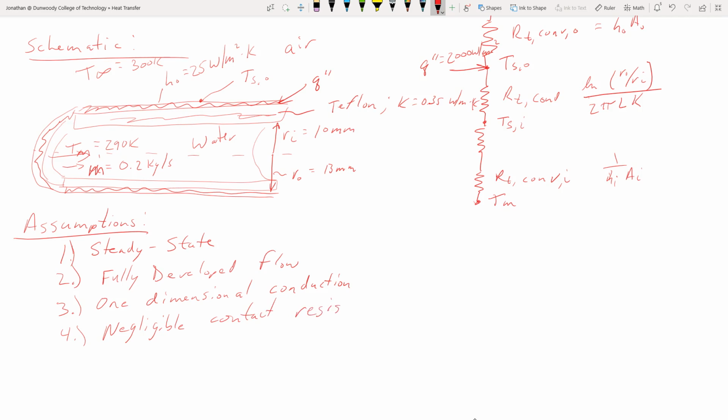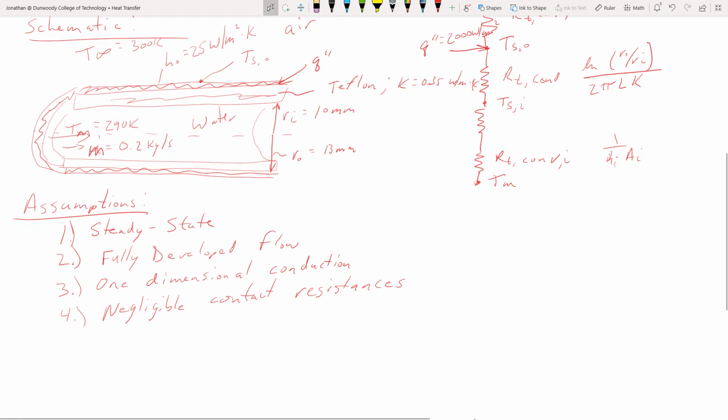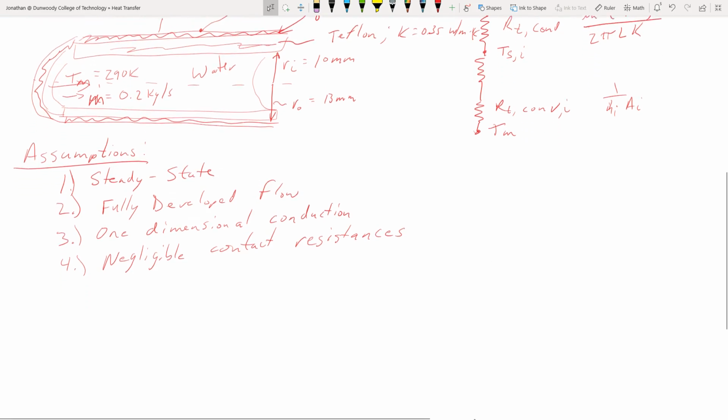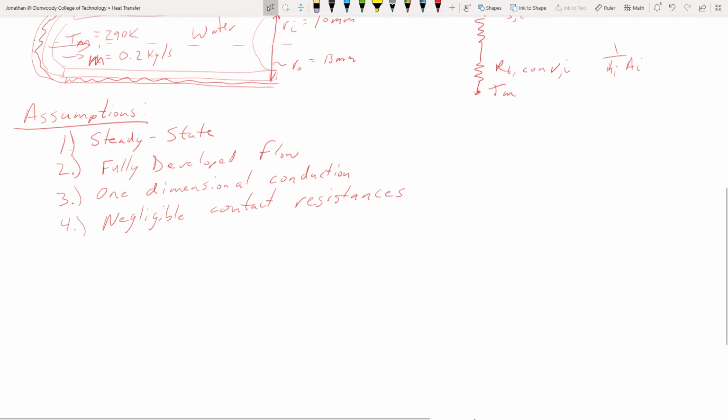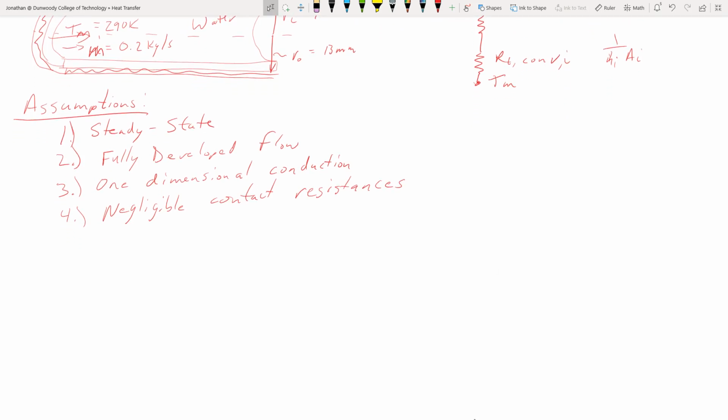Now, from your conduction project, you may realize that is possibly a bad assumption. In this case, when we're putting in that power there and it's adhered well to the surface, maybe not a bad assumption. That could be a place where we want to spend some time investigating after our initial analysis.